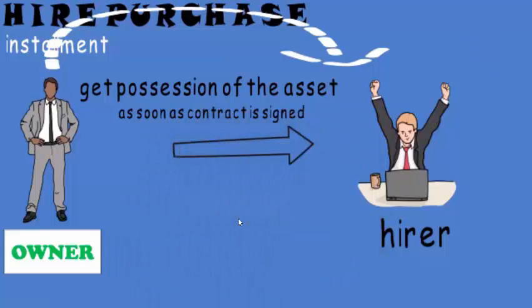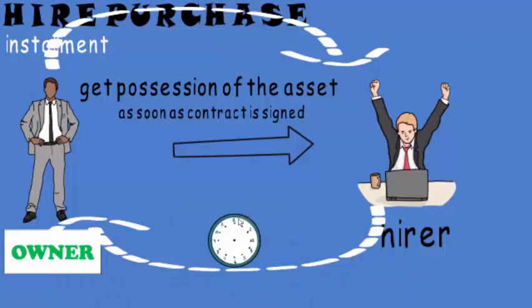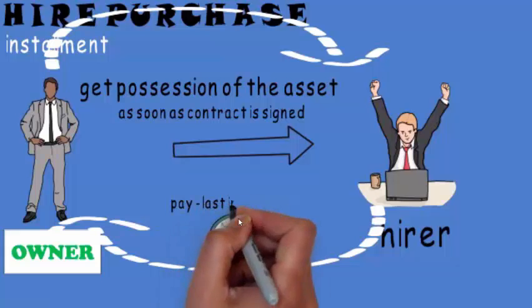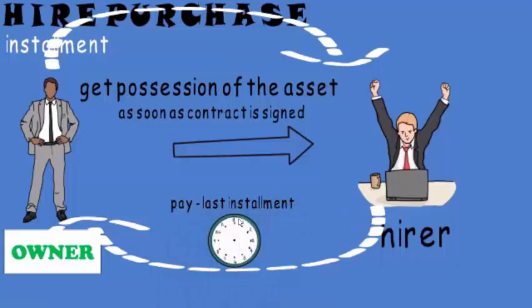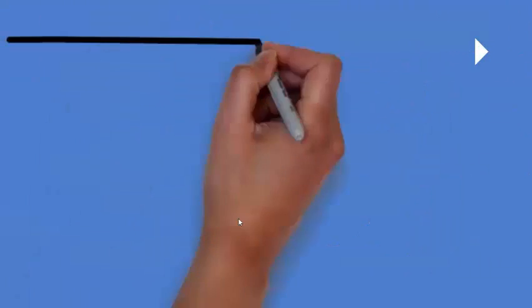But what happens when this hirer actually pays the last decided installment? The ownership that the owner was having in this case, the owner transfers to the hirer, and this ownership transfer does not happen in case of lease.